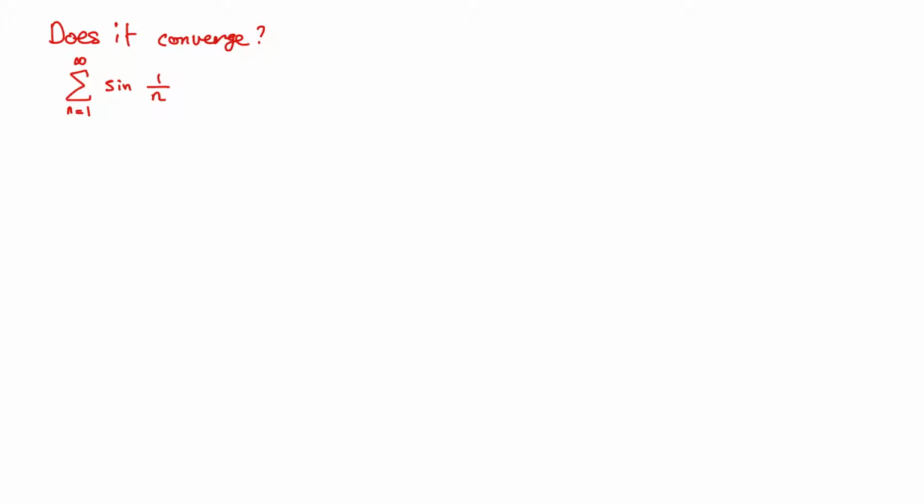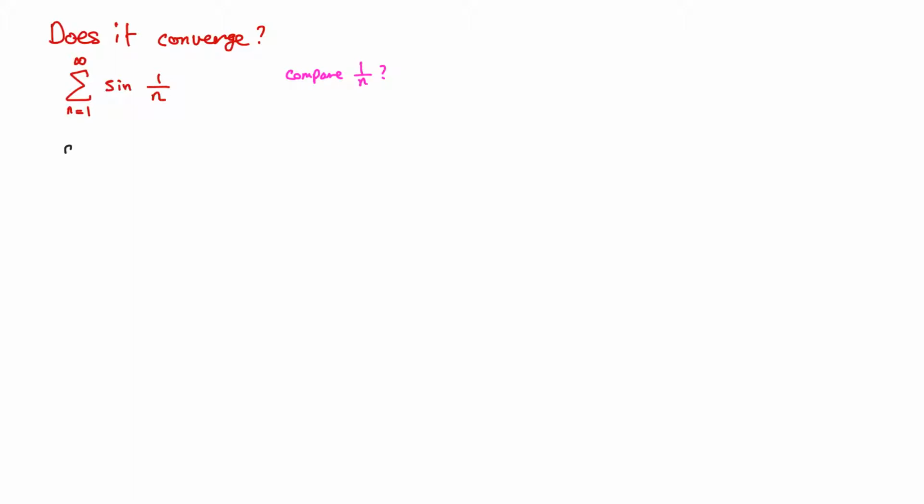Our last example here, we got a sequence of sine of 1 over n, and we're trying to figure out if the series sine 1 over n converges or not. And this is a little bit more challenging one because we don't really know what to compare it with. One of the only things that we can compare it to is 1 over n, and let's see if this works or not.